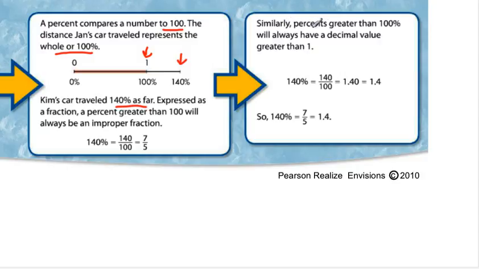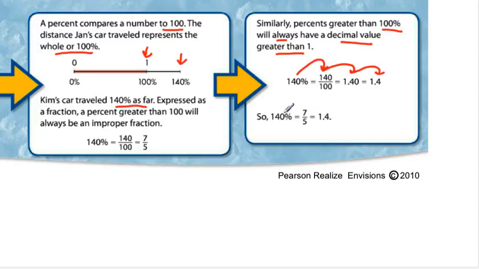Similarly, percents greater than 100% will always have a decimal value greater than 1. Again, we took our 140% and wrote it as a fraction of 140 over 100, or 140 hundredths, which equals the decimal of 1 and 40 hundredths, which we then reduce to an equivalent form of 1 and 4 tenths.